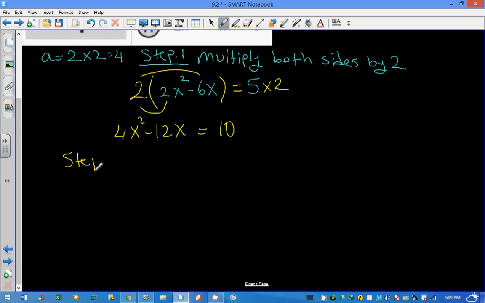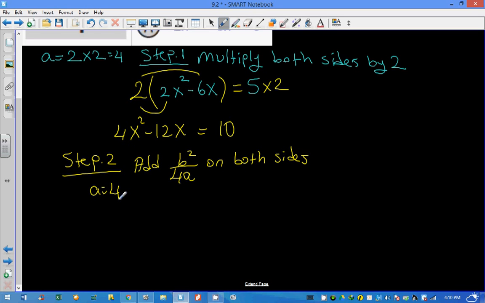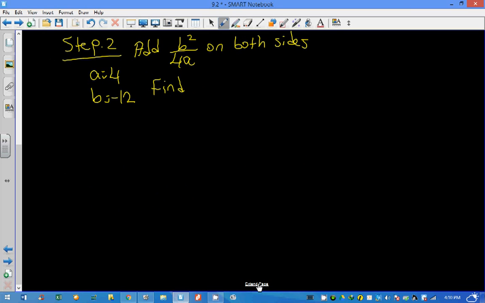Step 2, and you are familiar about the step 2, which is add b squared over 4a on both sides. So what's a right now? 4. What's b? Negative 12. And find b squared over 4a.